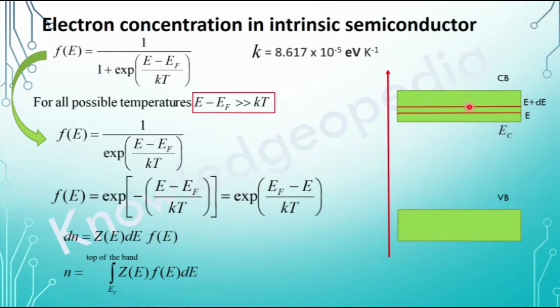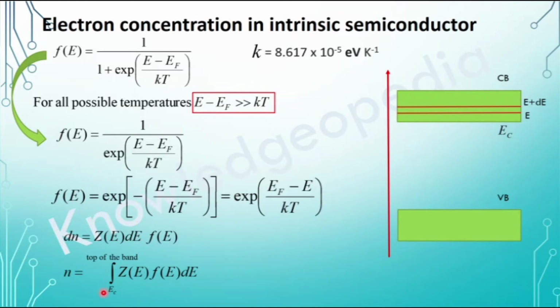But we are going to calculate the total electron concentration in an intrinsic semiconductor, which includes the states above EC. And this is the small function. In order to calculate the total electron concentration, we need to integrate this dN, and the limit starts from EC because we are interested in the states lying above EC.